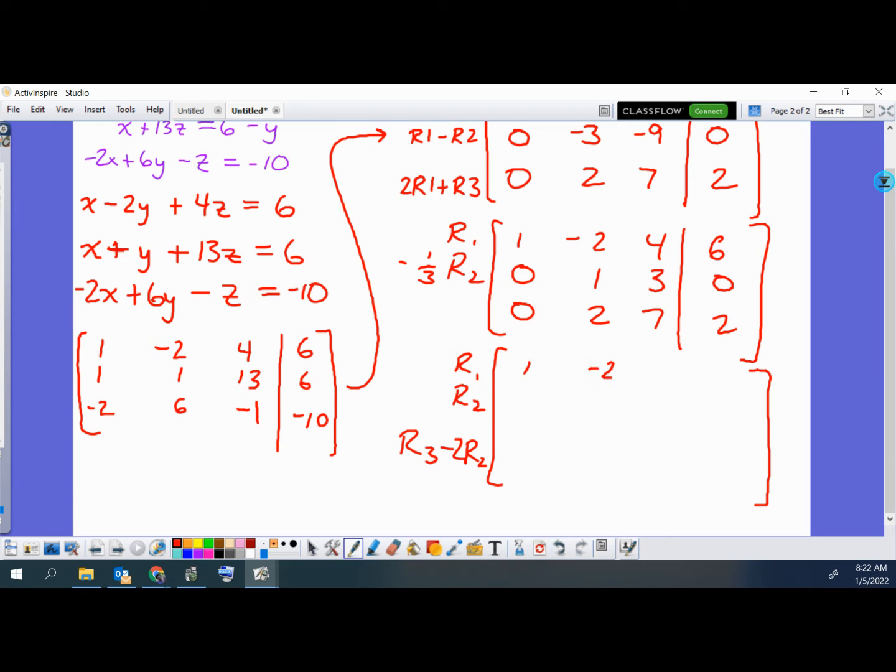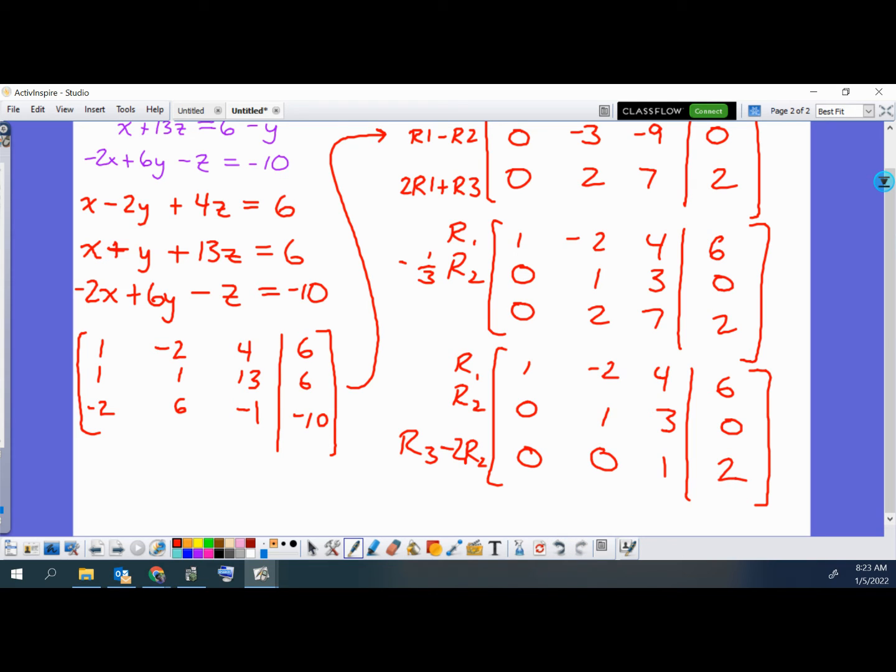So 1, -2, 4, 6, 0, 1, 3, 0. And now 0 minus 0 is 0. 2 minus 2 is 0. That was by design. 7 minus 2 times 3 is 6. 7 minus 6 is 1. And then 2 minus 2 times 0. So that's going to be 2.